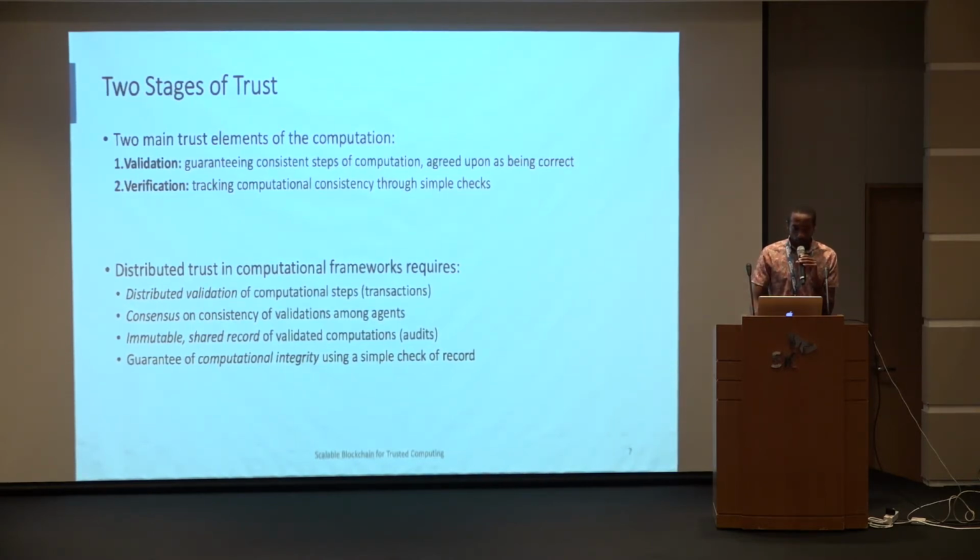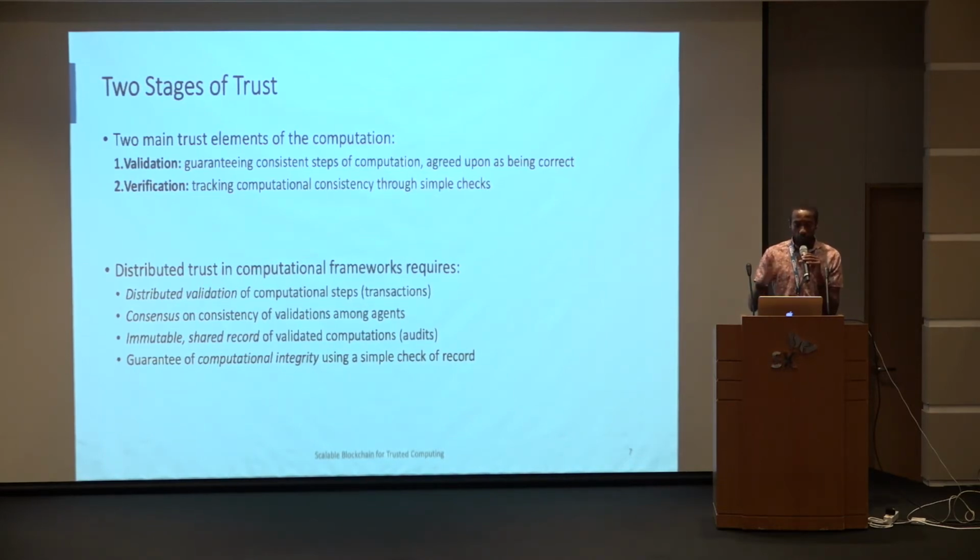And so distributed trust for this computational framework: one, we need to be able to validate the computation of the transaction. And two, we also need consensus in terms of the validations among the agents. So if I've run a given simulation, we need to agree, all of us, that this is correct. And again, I keep emphasizing that it's healthcare, so it has to be really critical at that point.